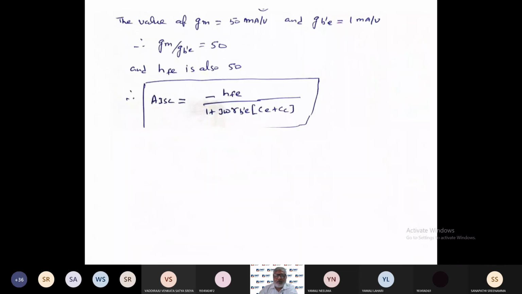Here I have given those values also. The standard value of gm is 50 milliampere per volt, and g b'e is 1 milliampere per volt. These are the standard values. So gm by g b'e will be 50, and this 50 is equivalent to hfe. That's why I am representing gm by g b'e as hfe, with a minus sign.